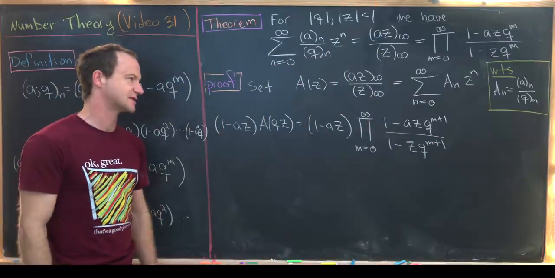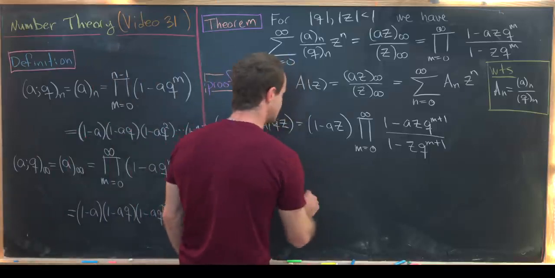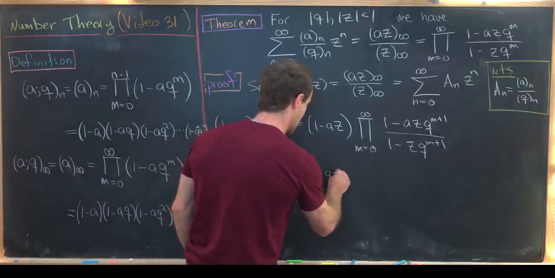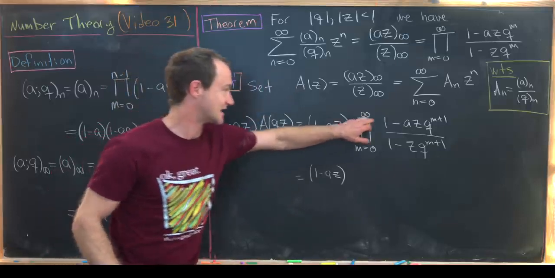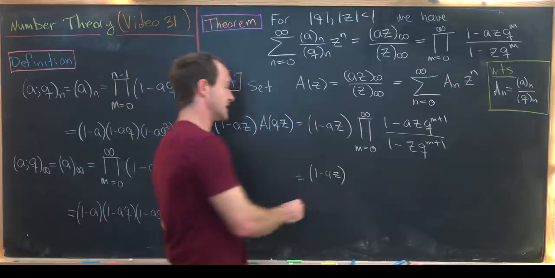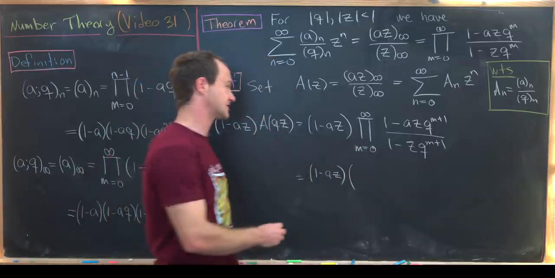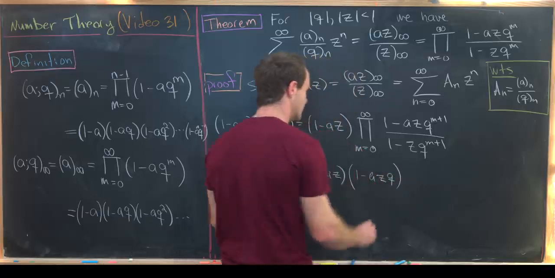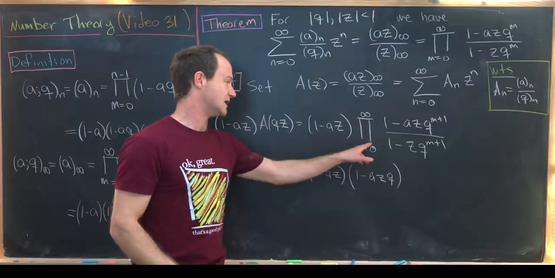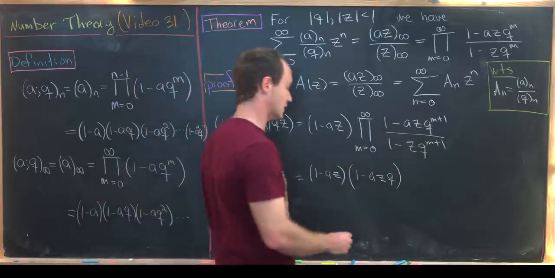But now let's write out some terms so we have a feel for what this looks like. So this looks like 1 minus az. That's the first term in the numerator. And then the second term in the numerator, which comes from the first term of this product, is 1 minus azq. So notice that's the m equals 0 term here because we have q to the m plus 1.